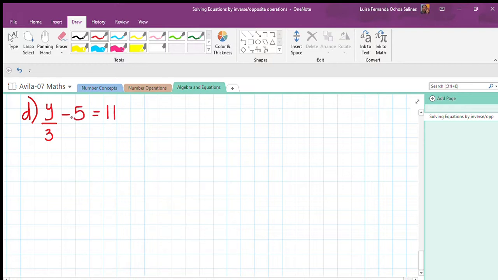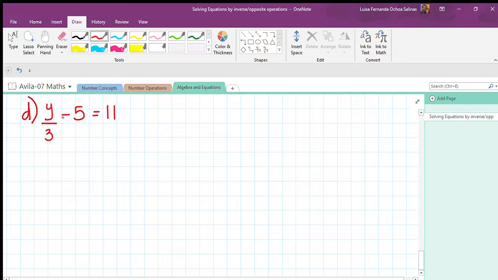Okay, so someone today in class said, this is exactly the same as the previous one, but be careful. Notice what is happening here. The 3 is only affecting the y, the pronumeral, it is not affecting the 5, so I don't have a bracket here.